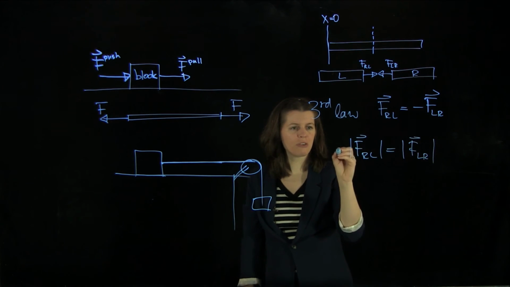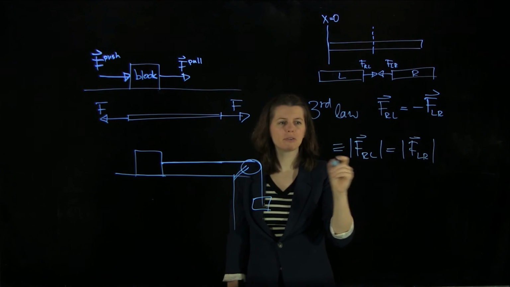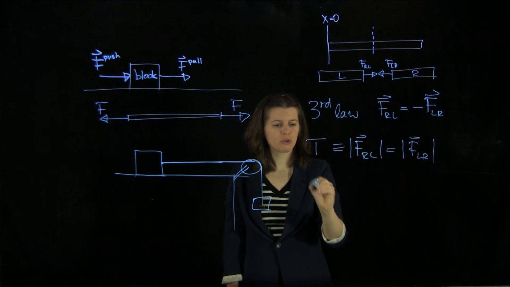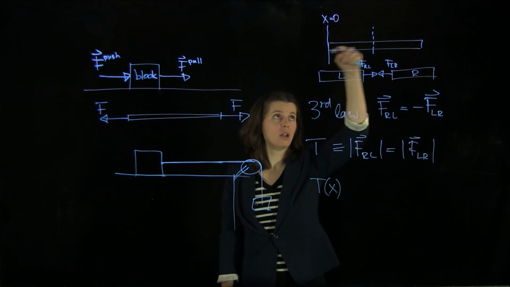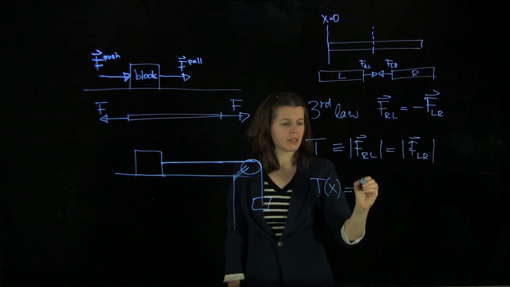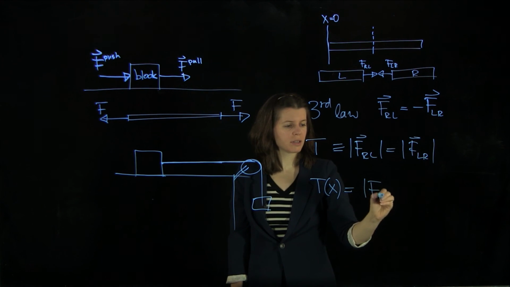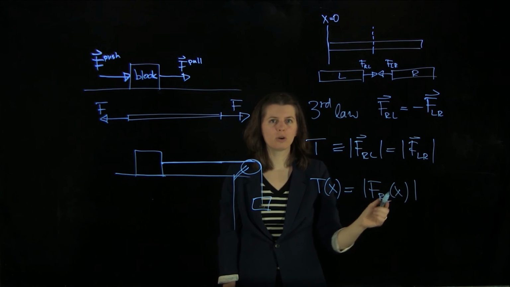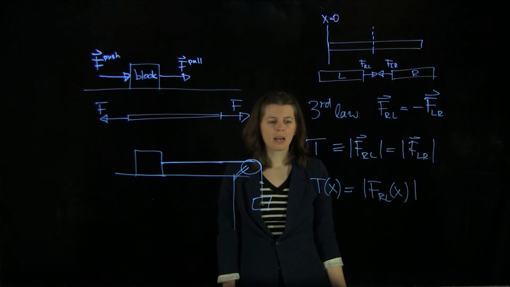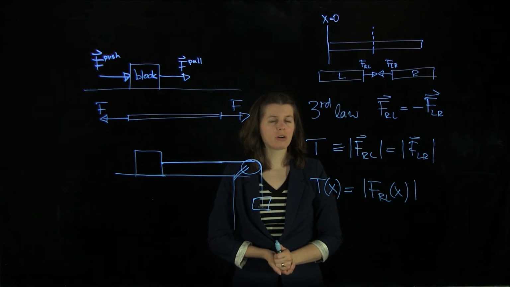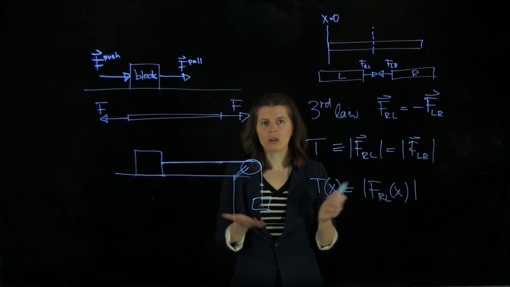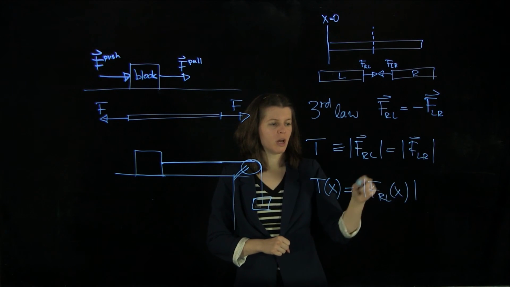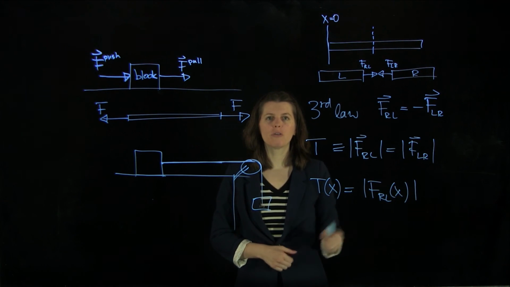And we're actually going to define this magnitude here as the tension force. And that is true for all x along this line, that this is the magnitude of this force here. And from now on, when we talk about tension in a rope, then we talk about the magnitude of one of these internal forces here.